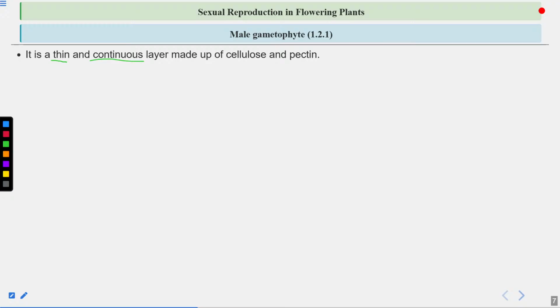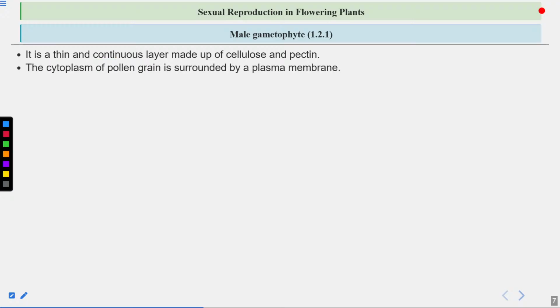The germ pore is there in the exine layer, but the intine is continuous, and from that germ pore, the intine comes out in the form of a protuberance, and that is called the pollen tube, right?